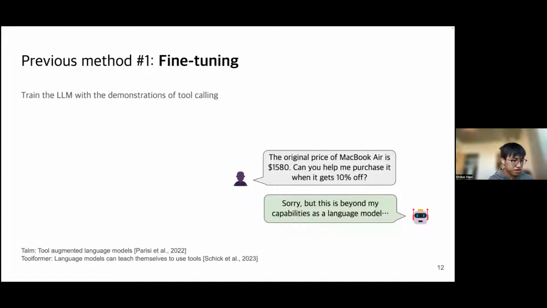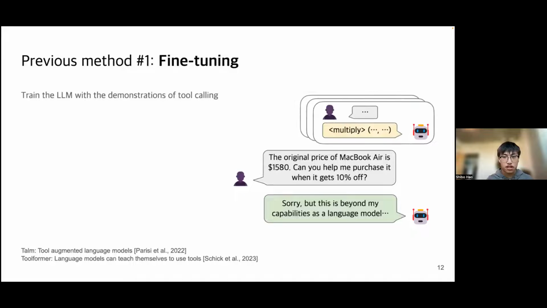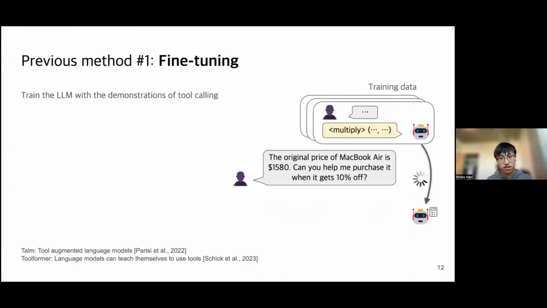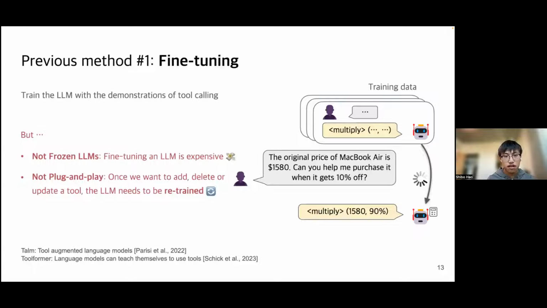Now I'm going to introduce some previous work on tool learning. There are two major paradigms to teach LLMs to use tools. First, we can fine-tune the LLM if we have demonstrations of tool calling as training data, just like in the figure.